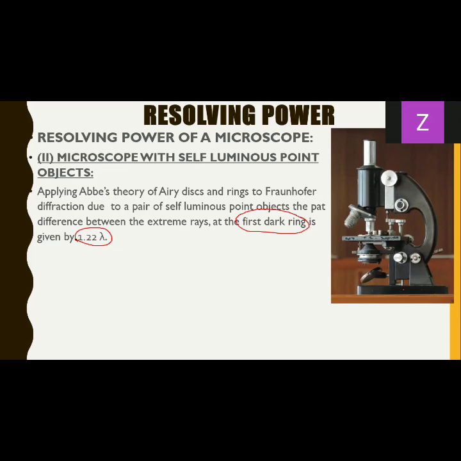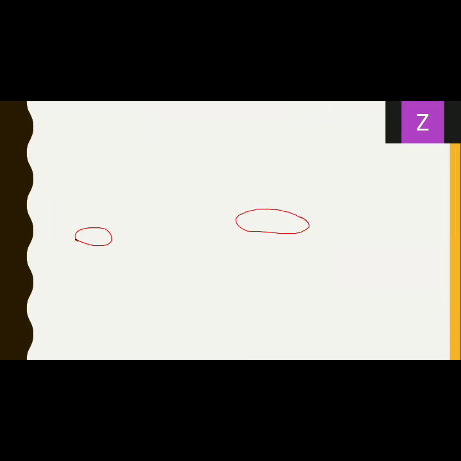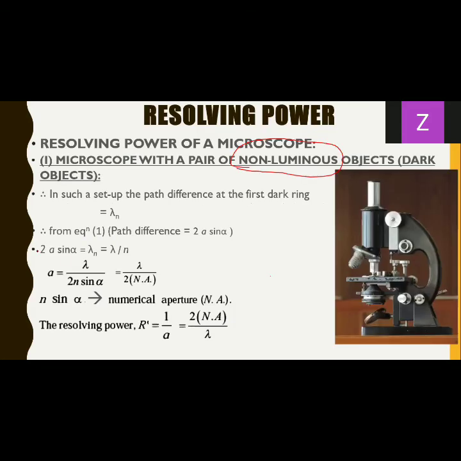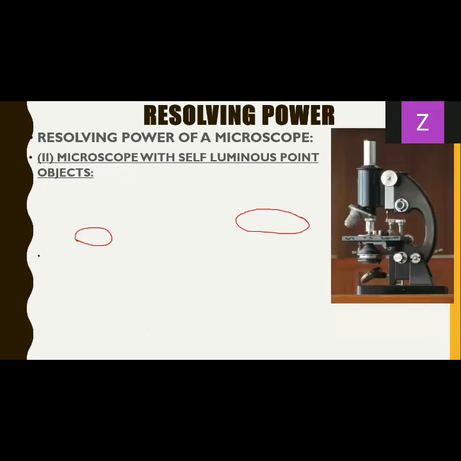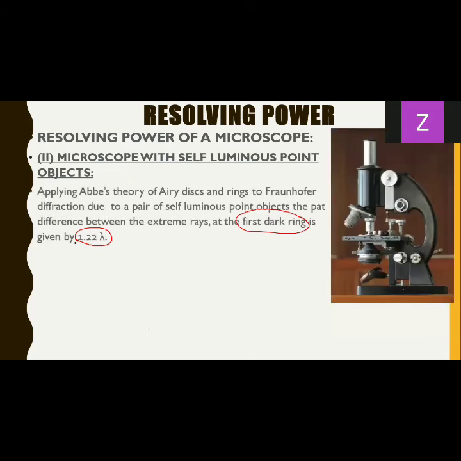So now applying this particular concept, previously for the just resolved case we had 2 sine alpha equal to lambda n. But now the additional factor which we have is 1.22. So for the just resolved case, we are going to apply this once again. Now for self-luminescent objects, we get 2a sine alpha equal to 1.22 into lambda n. Notice this factor.